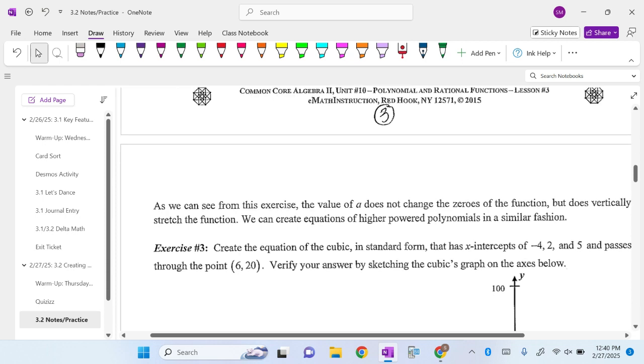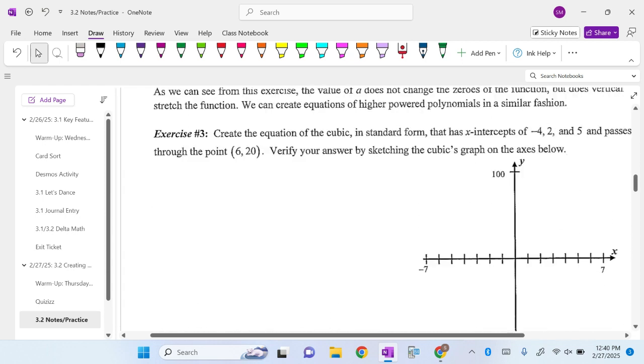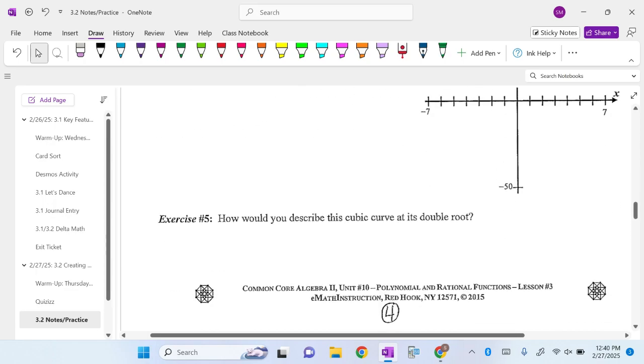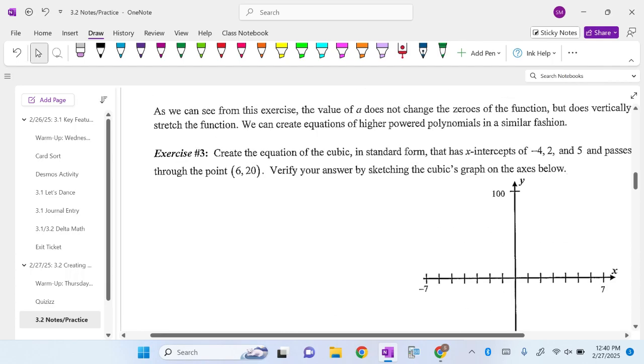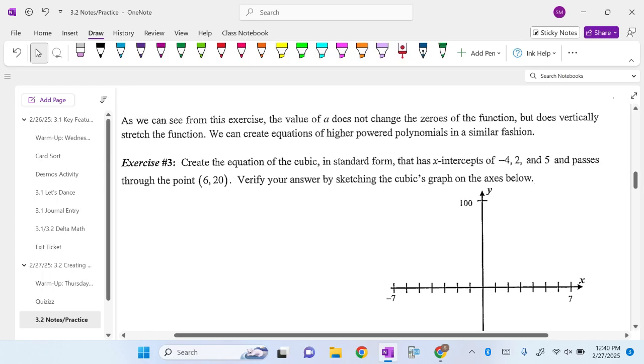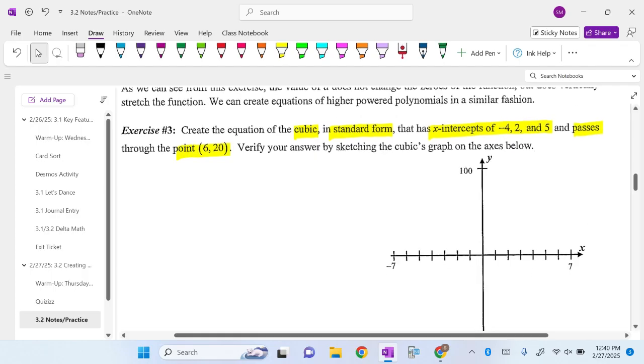Now, let's do a cubic graph. We're going to create the equation of a cubic function in standard form with the x-intercepts of -4, 2, and 5, and it passes through the point (6, 20).